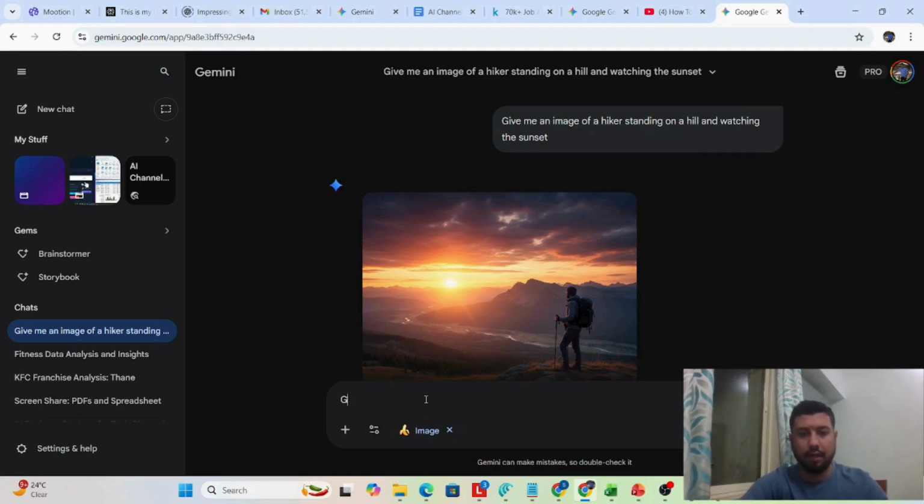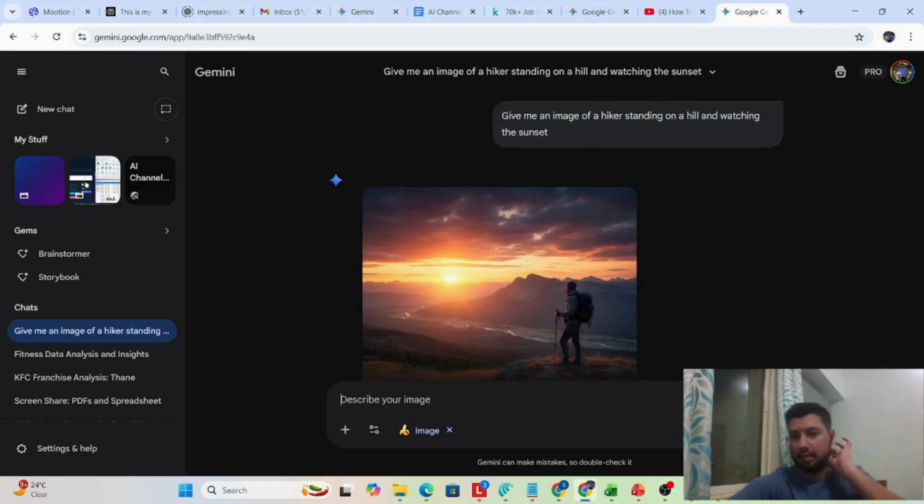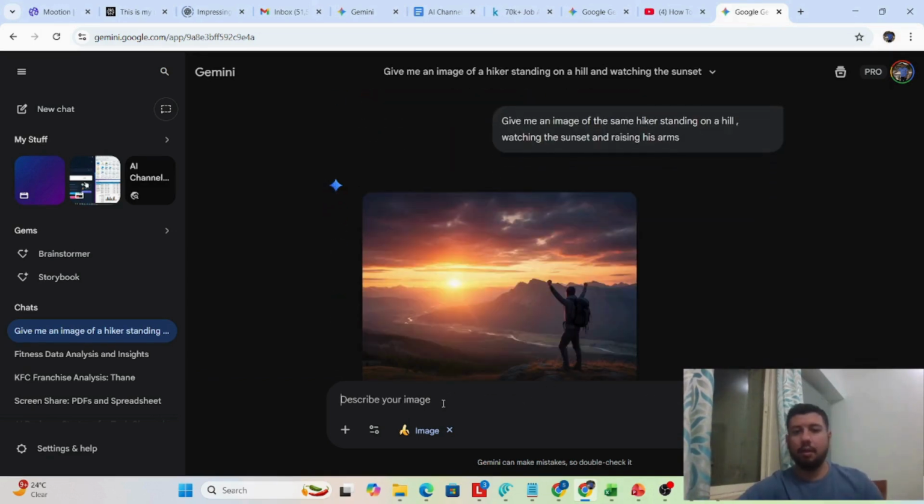Now give me an image of the same hiker standing on a hill watching the sunset and raising his arms. All right, you have the two images created by Nano Banana, one of the best image making tools offered to you by Google.